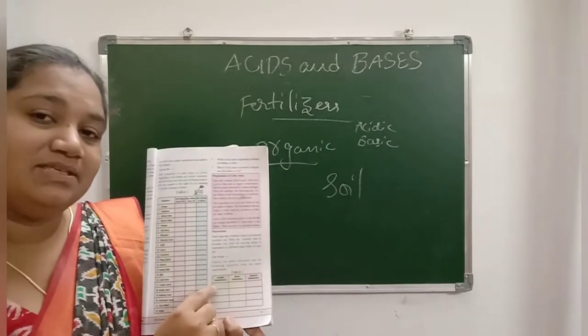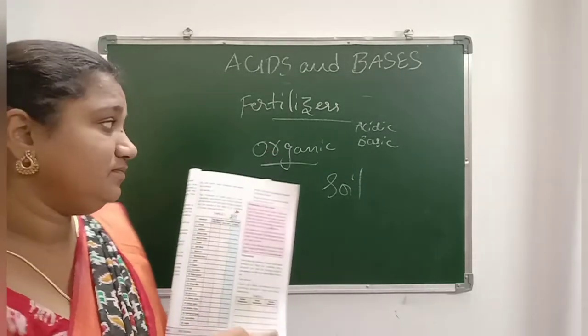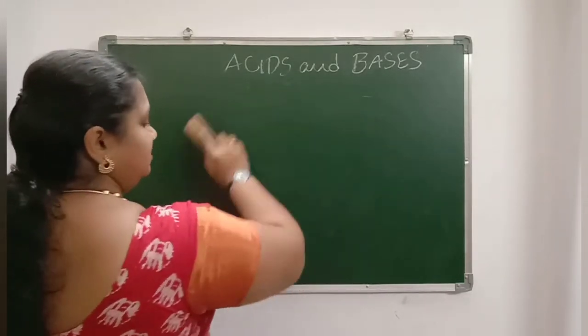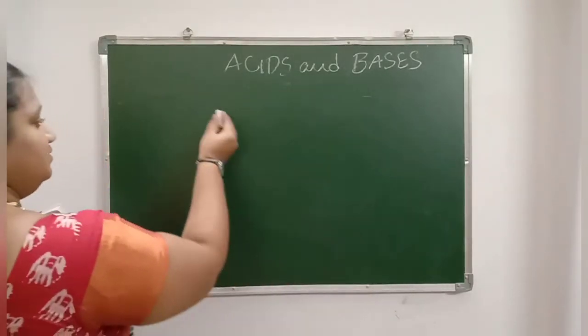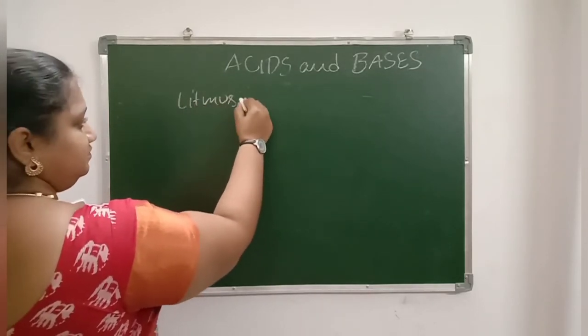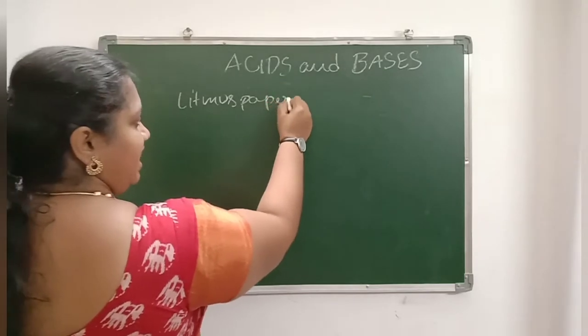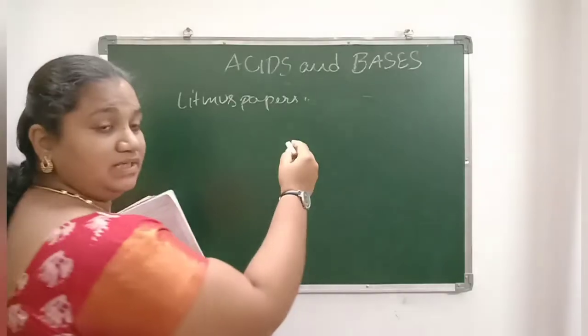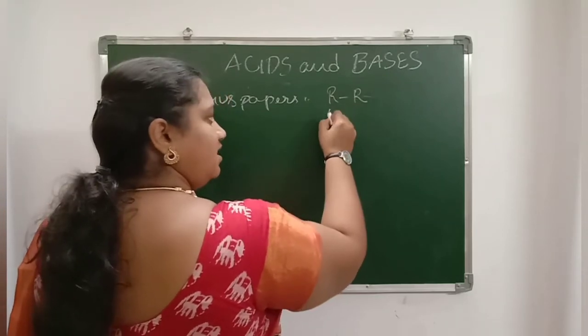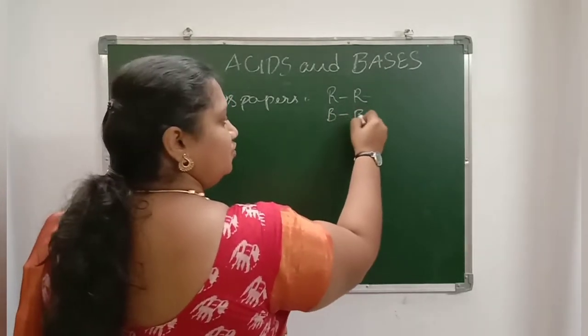Acidic substances, see, we have already learned, see litmus papers. What are the reactions, children? Red to red, blue to blue.